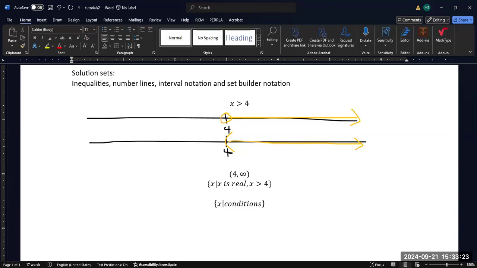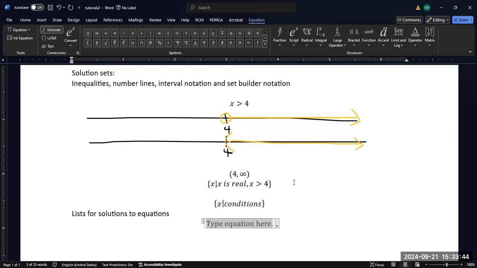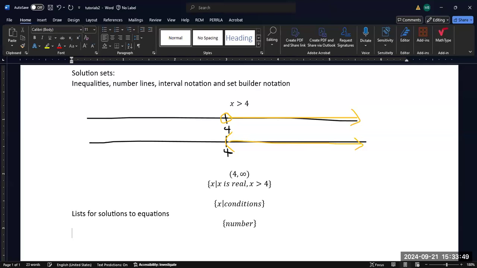Now, set notation is where we also get into what happens if we're solving an equation and not an inequality. And in those cases, you can just list the values. So lists for solutions to equations. Because equations, to start with, when we do linear equations, they only have one value, like a number. When we get more complicated equations, we could have multiple answers, in which case we would just list them.